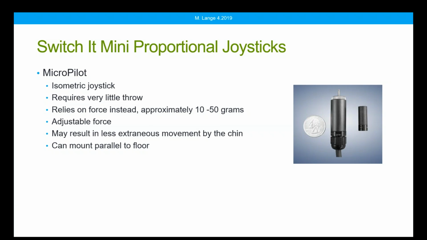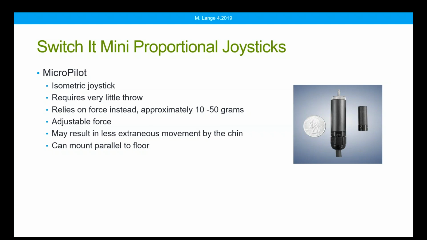Some of that is taken care of by suspension on the chair, but not all of it. And if the client is moving around as a result within their chair in response to those bumps and jolts, they're going to be moving in relation to the joystick. That can lead to extraneous movement of the chair. Since this joystick handle doesn't move at all, this may result in less of that movement.